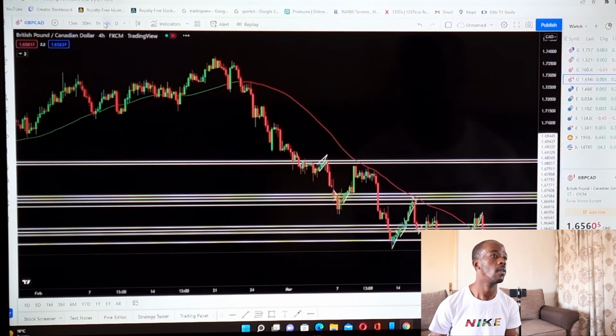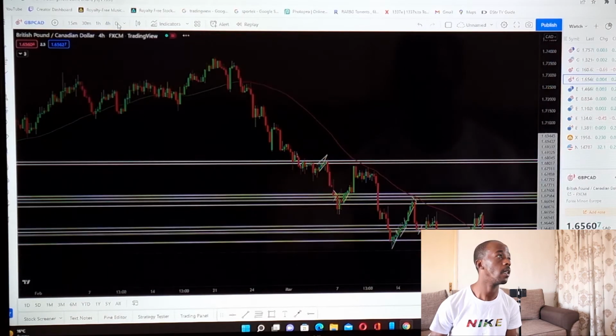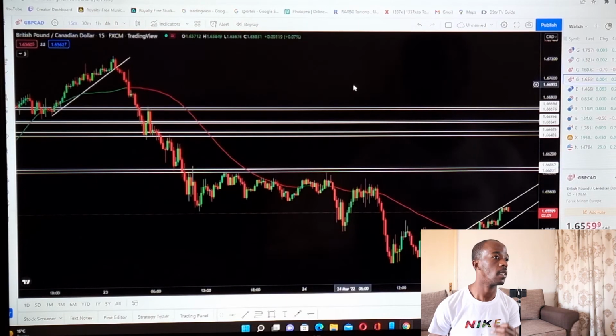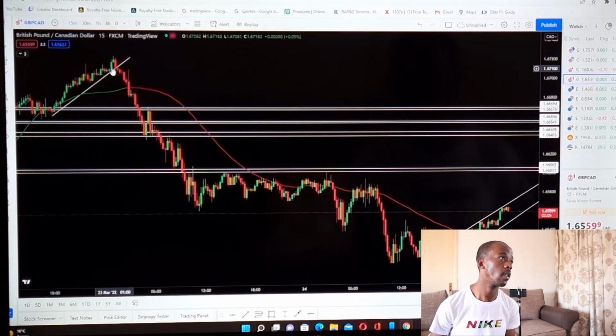Then on 4 hour, it doesn't go up nicely, but I knew that we will go for sell on GBP/CAD. That's why I stated that yesterday and the day before I trade GBP/JPY and GBP/CAD.